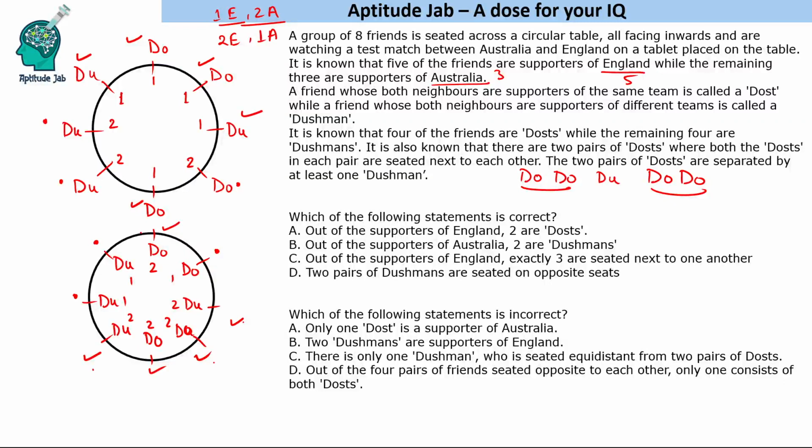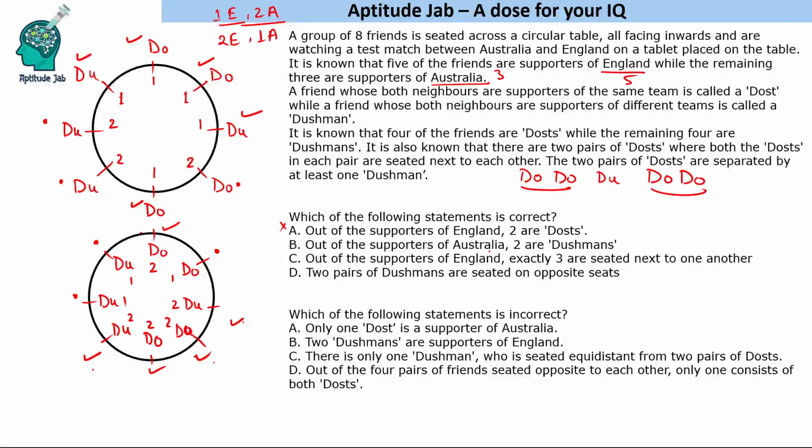Okay, so let's now look at the questions. The first question says which of the following statements is correct? Out of the supporters of England, 2 are dost. So let us check both the conditions. If you check the supporters of England, how many dost are there? 1 2 3 dost, right? There are 3 dost, and in this case also 1 2 3 dost. So this is not correct.